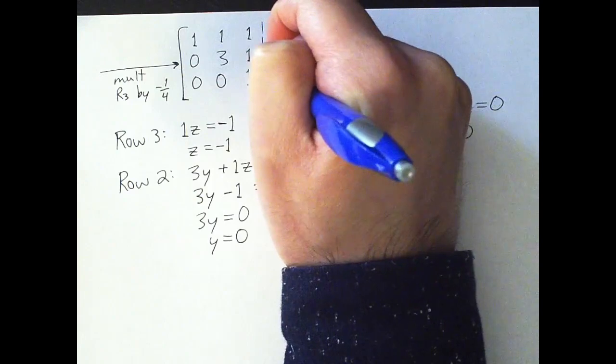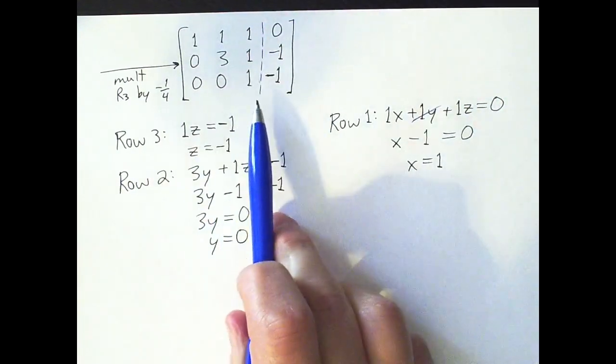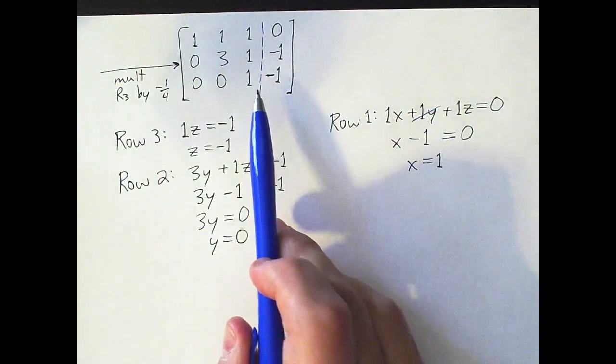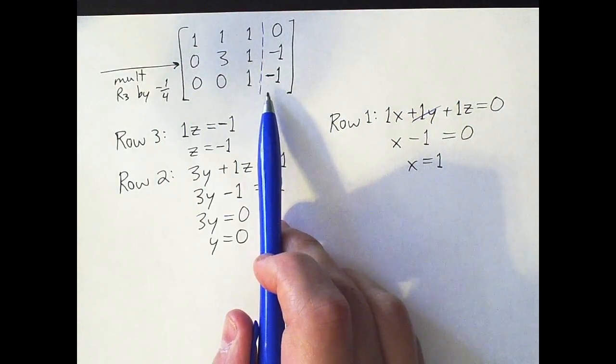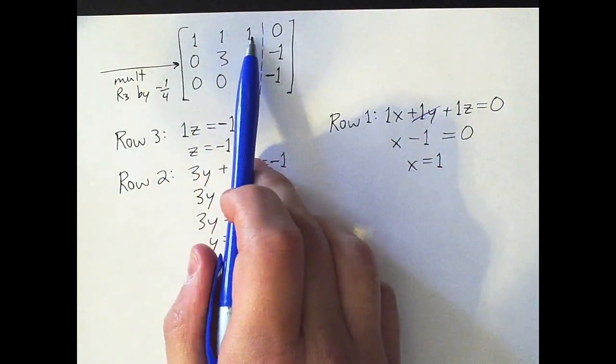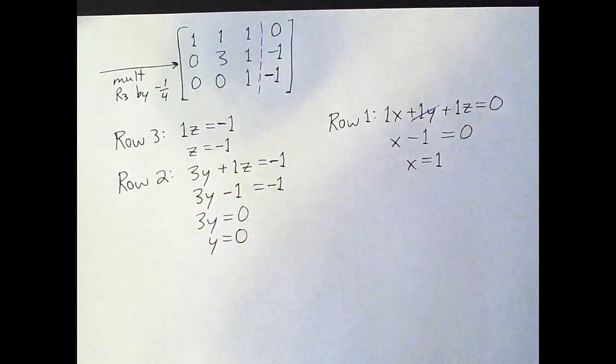This is optional. Maybe it's a dashed line. You can write that if you want. I typically don't, but that's to separate the left-hand side from the right-hand side. It helps you see that these are the X, Y, Z columns, and then this is the right-hand side column.